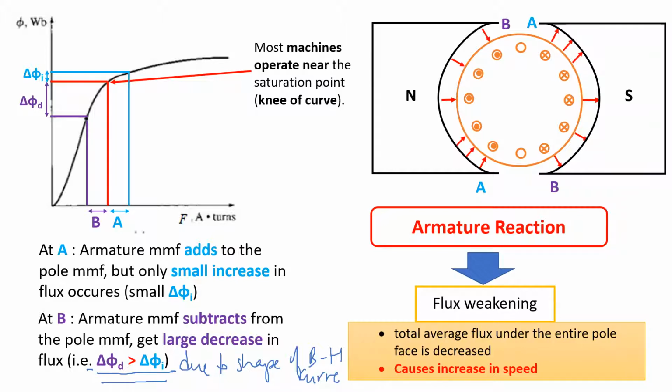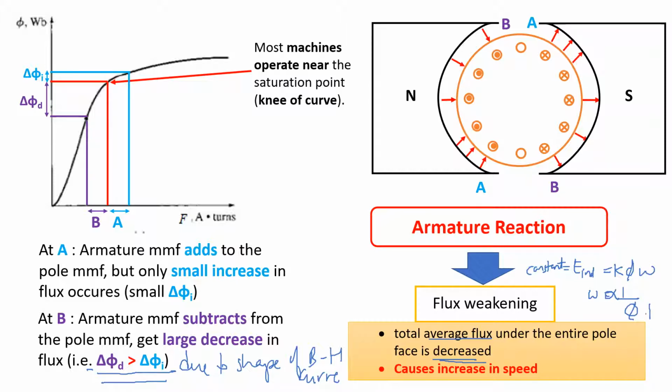So in general, the overall effect is the average flux under the pole will be decreased due to the armature reaction. And as we have learned, the induced voltage in the DC machine is equal to K flux omega. Now, if this induced voltage is equal to a constant, then speed is inversely proportional to flux.